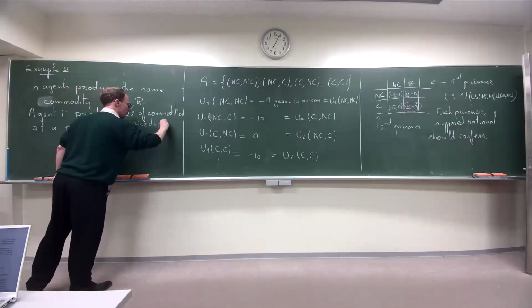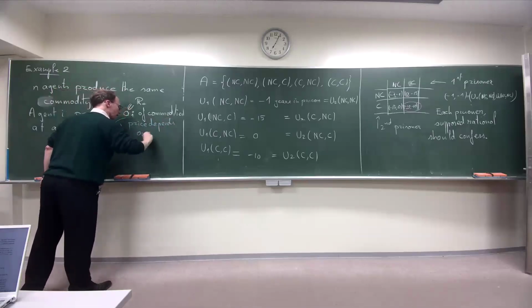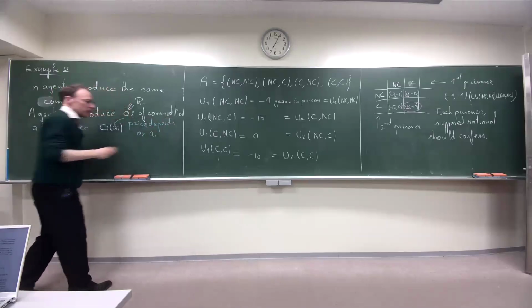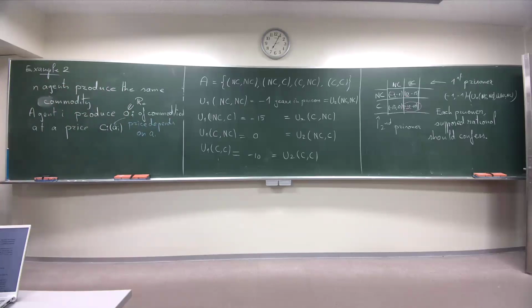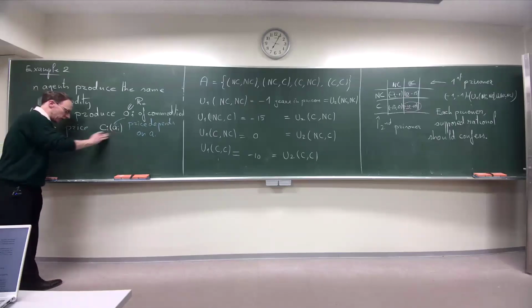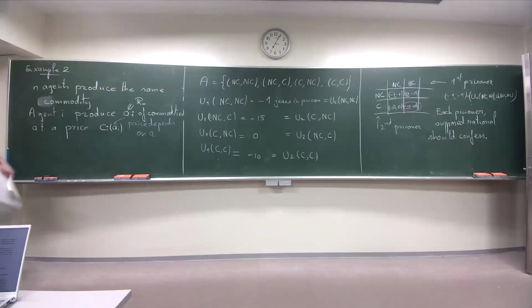So the price depends on i. Of course, if the agent produces a small number of commodities, the total price will be less than if it produces a lot of commodities. Now, there is one more thing.